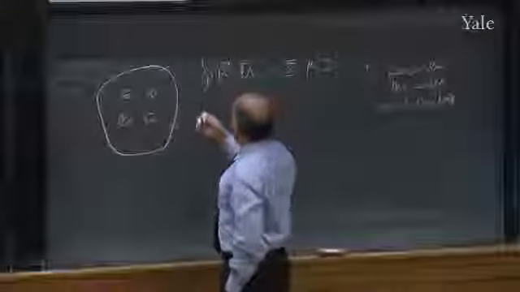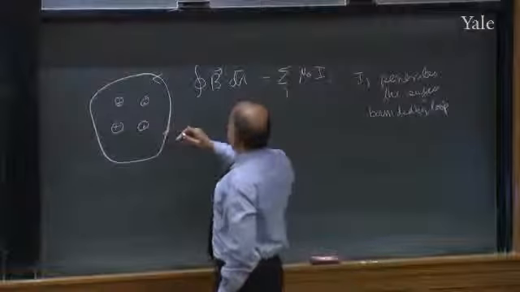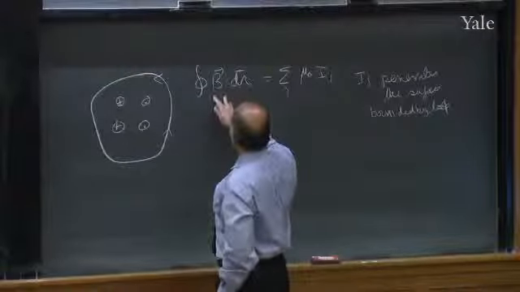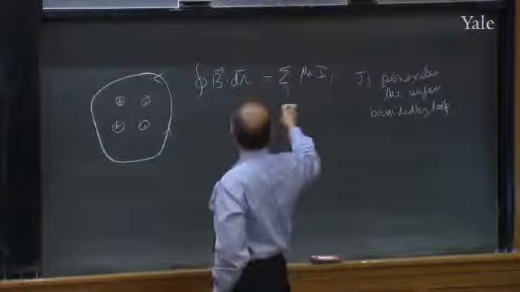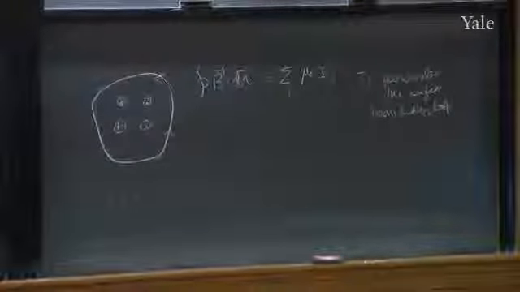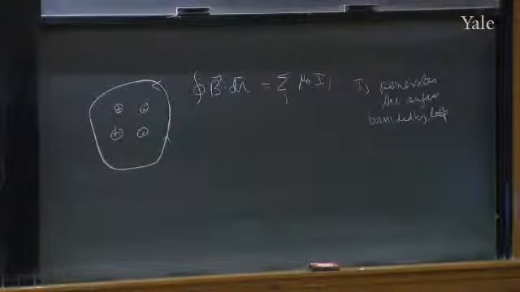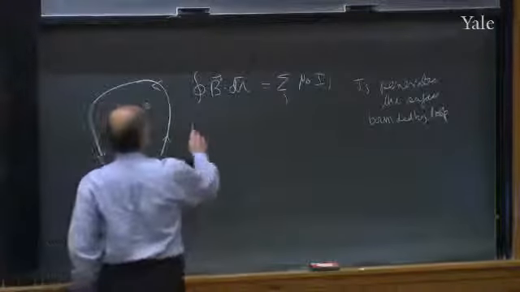That's because B is made up of B due to this guy, that guy, that guy, that guy, but the integral of the total B is the sum of the individual integrals. Each one gives you its own current. So superposition is a great and powerful result. If you can do anything for one charge or one current, you're able to add everything together. So this is called the law of Ampere.